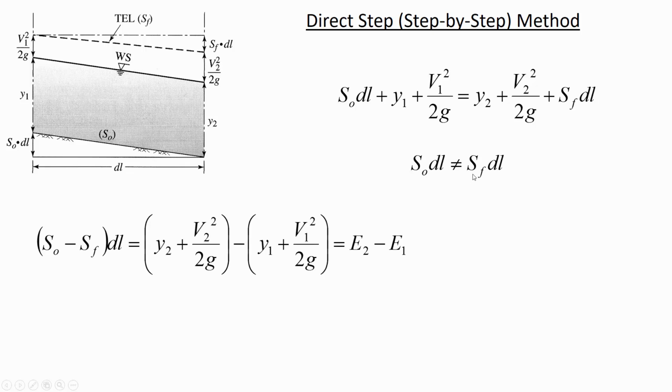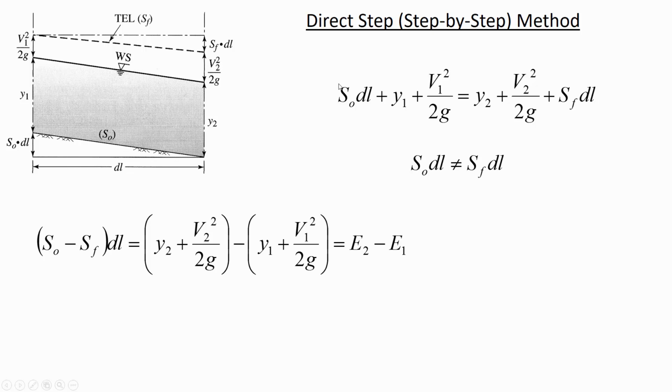So we have to keep them separately. And when we do that in the direct step method, the slope of the energy grade line that we're going to be accounting for is the slope at the midpoint, because we're going to have to be taking into account the average over some length.